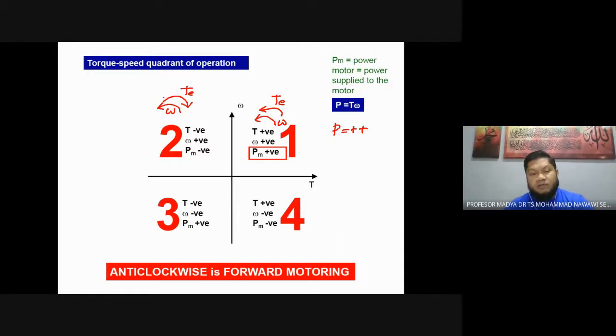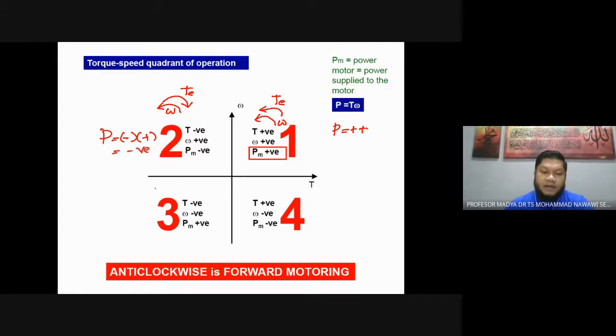The internal electric torque from the motor opposes the direction of rotation. So P equals torque times omega, torque is negative and omega is positive, so the result is negative.